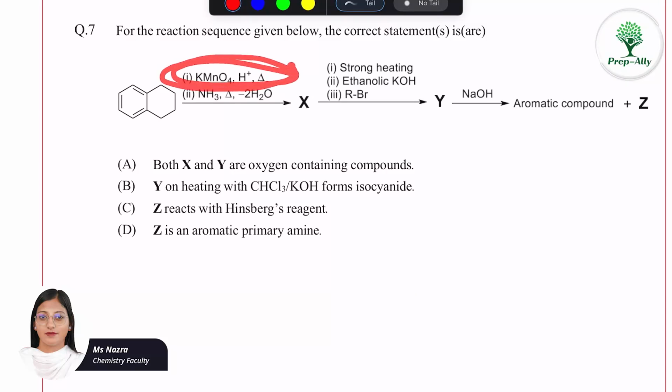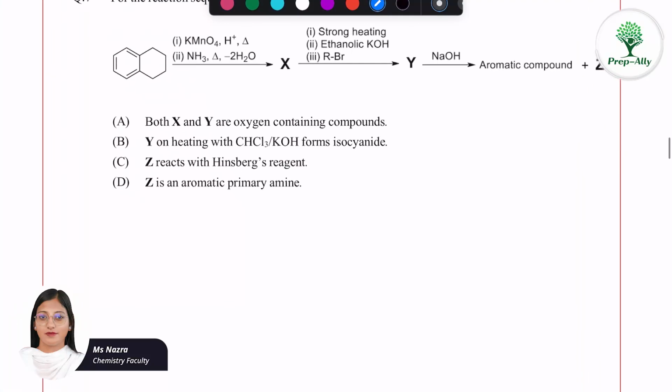All of you must know that it will oxidize a compound having alpha hydrogen, at least one alpha hydrogen must be there, and form the carboxylic acid here. The next step is the addition of ammonia and heating, resulting in the release of water. So let's do this stepwise.